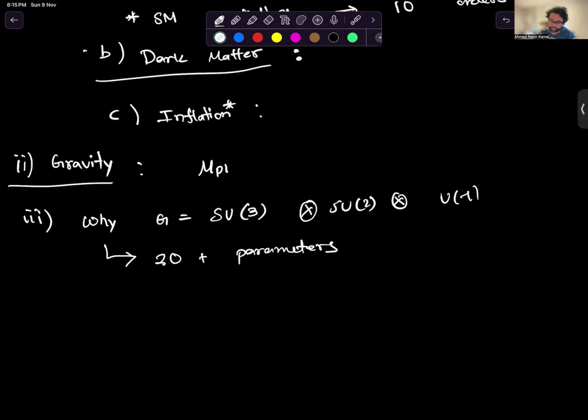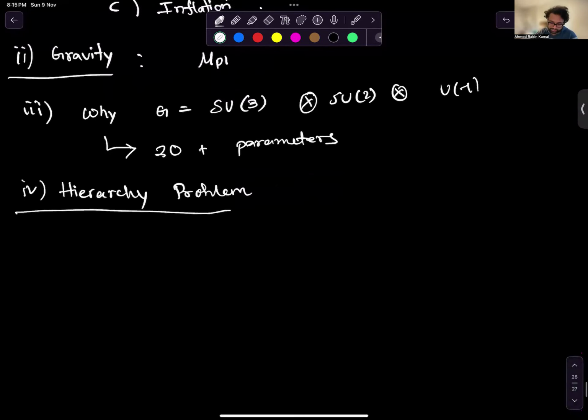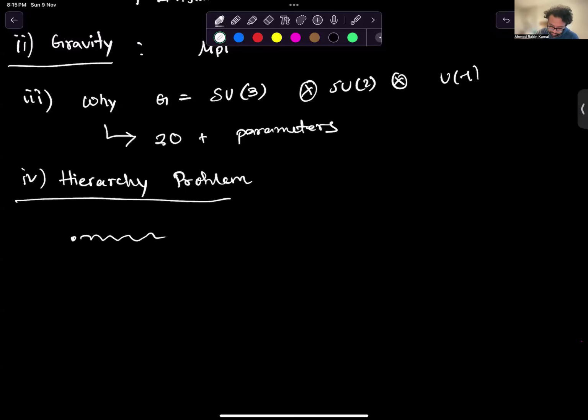And then there is another major problem called the hierarchy problem. So in QFT, for example, if you think about a Coulomb potential, which is basically exchange of a photon between two particles, there is a prediction from QFT, which matches to a very high degree of precision, that when a photon is going through, it can form loops.